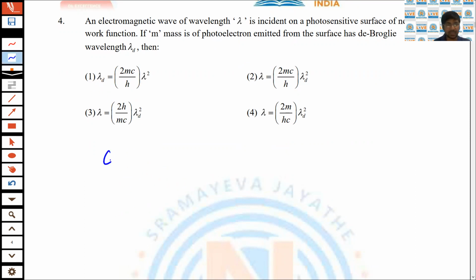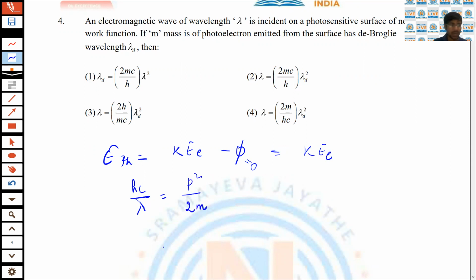So basically, energy of photon is equal to kinetic energy of electron minus work function, which is basically 0. So you can write this is equal to kinetic energy of electron. So hc by lambda is the energy of photon, and this is equal to p square by 2m, where m is the mass of electron.